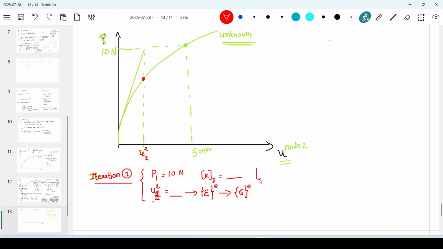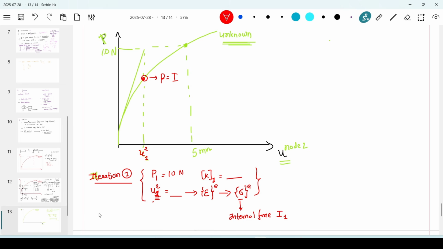Now this is done, and I want to find this point. As I said, this is the equilibrium point, which is not known, but we know that at this point the external forces P and internal forces are the same. From this stress sigma, the internal stress, I can find the internal forces at iteration 1.